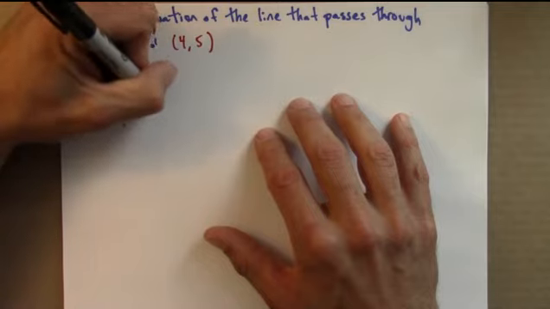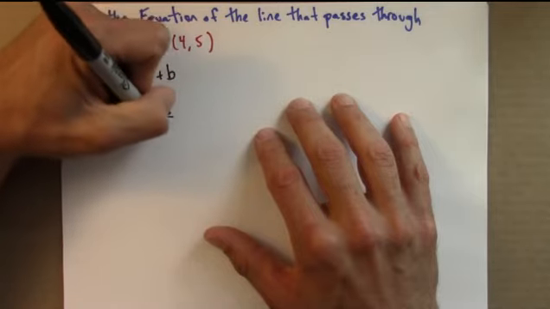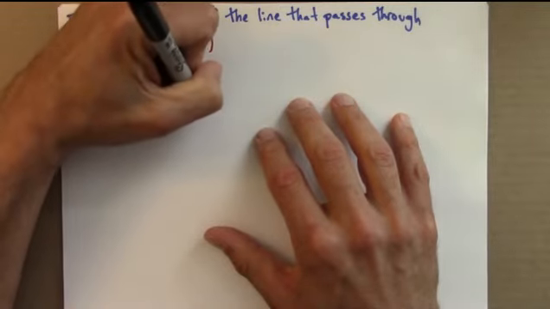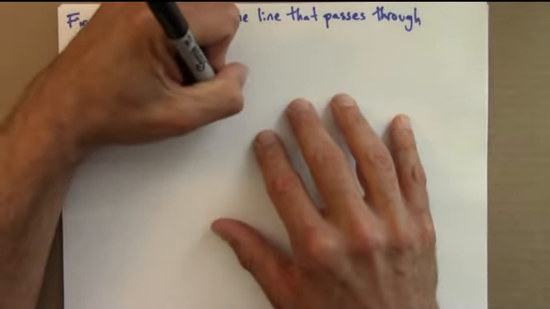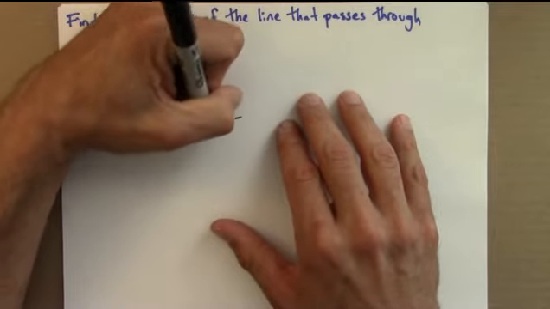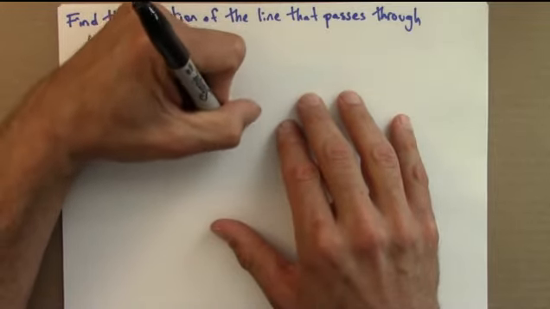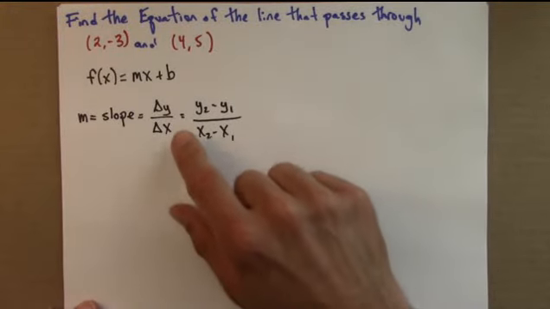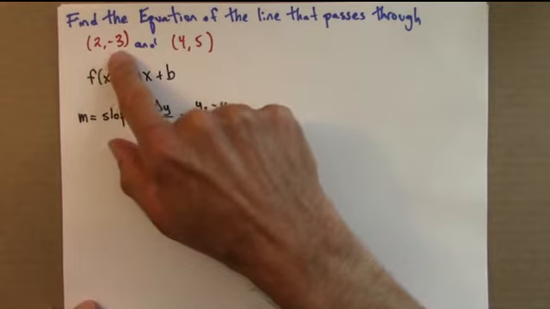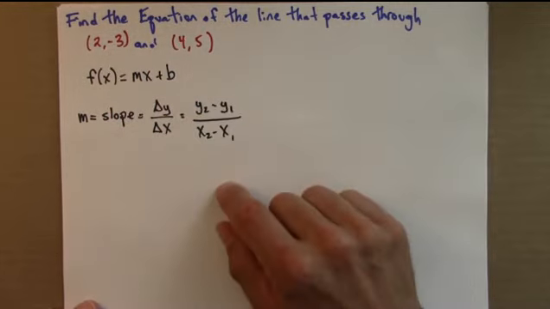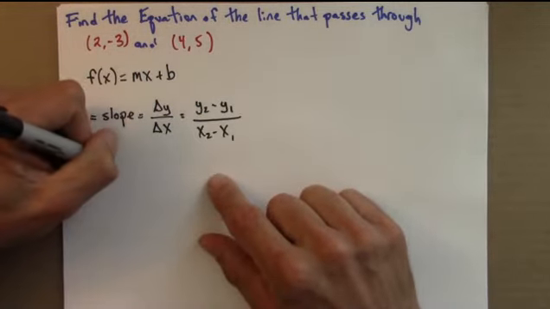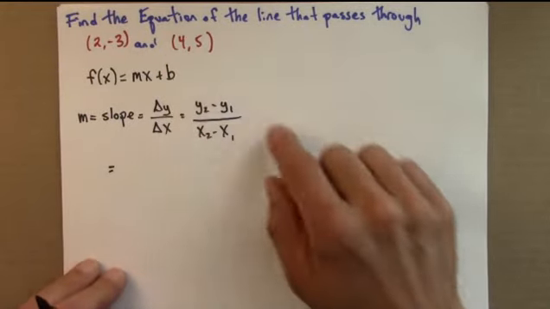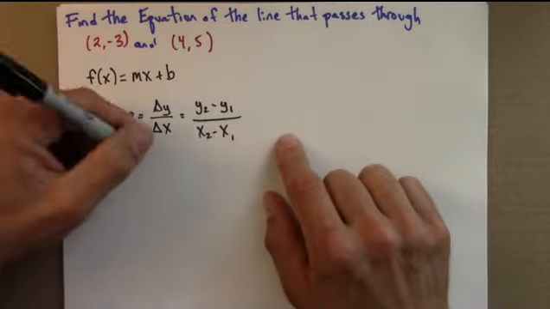And that's how much y changes over how much x changes, which we could also write as y2 minus y1 over x2 minus x1. So let's plug in some numbers, right? This is an x and y pair, this is an xy pair. So let's plug in and see what we get. So I'll take this as 2 and this as 1. This will be the second point, this will be the first point. Doesn't matter which one you choose.